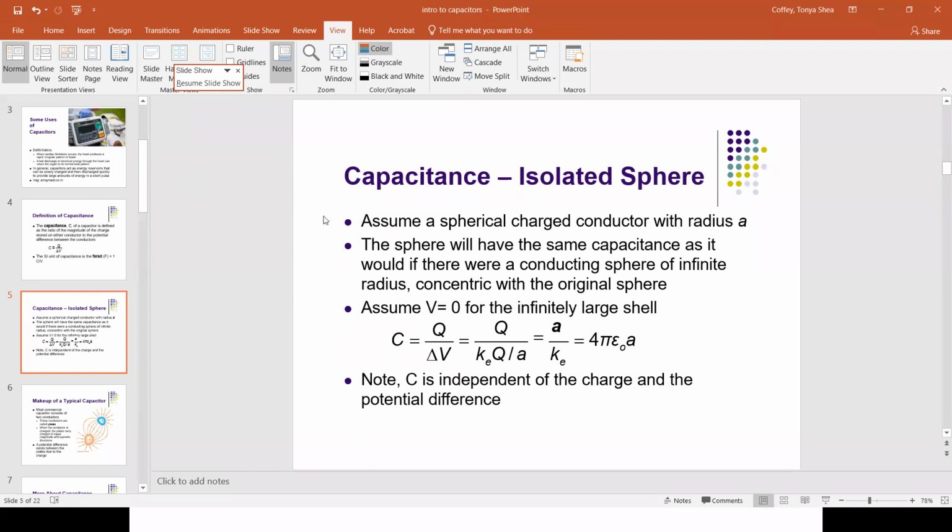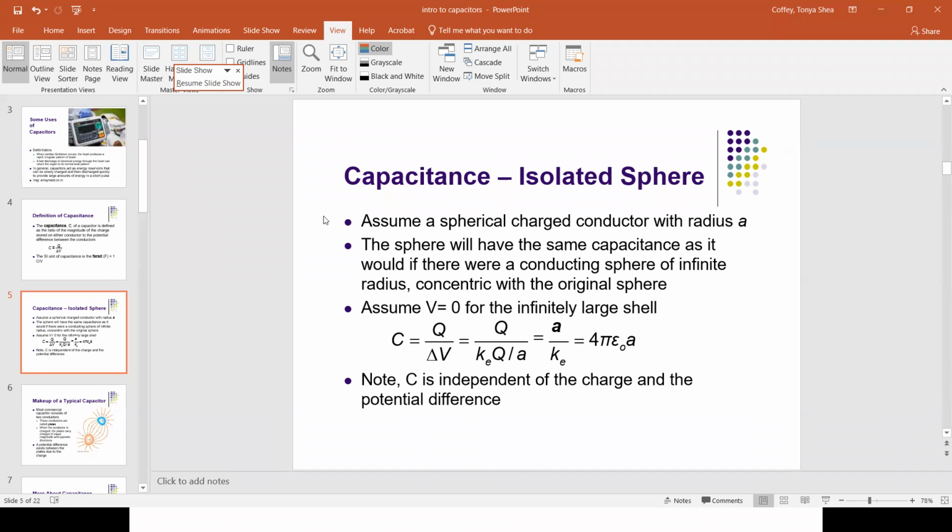So basically what we're going to do is use this equation for capacitance, C is equal to Q over delta V. And what we're going to do is reference the delta V, the voltage, with respect to the 2 points of interest, which would be the voltage at the surface of the sphere, and then the voltage infinitely far away from that sphere's surface.